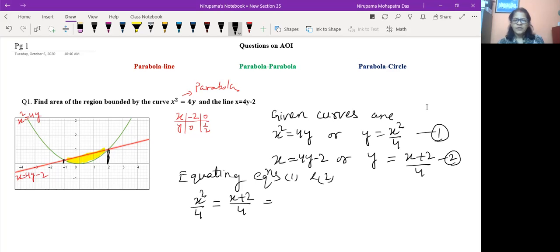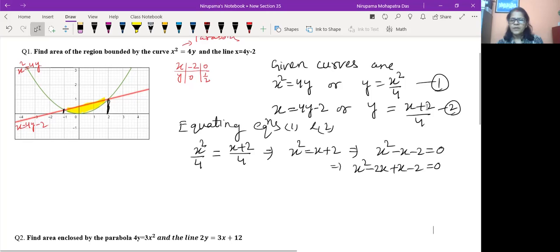This implies x square equal to x plus 2, or x square minus x minus 2 equal to 0. So x square minus 2x plus x minus 2 equal to 0.